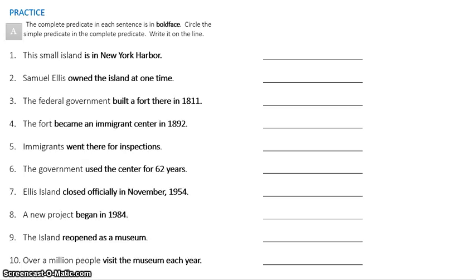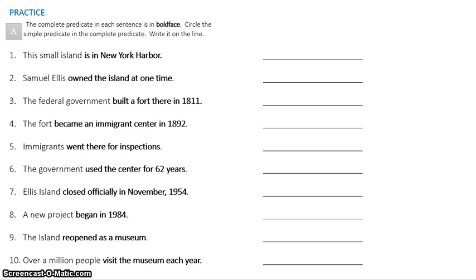I'm going to look inside the complete predicate and I'm going to find the simple predicate or the verb, and I'm going to circle it and put it on the line.